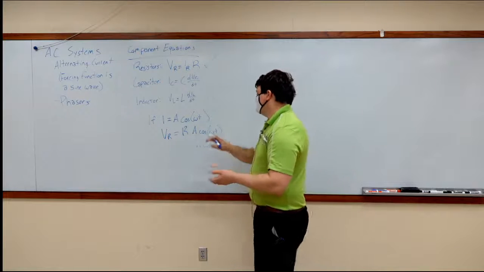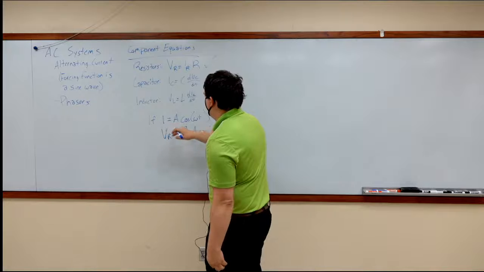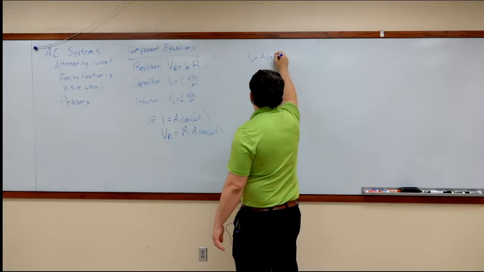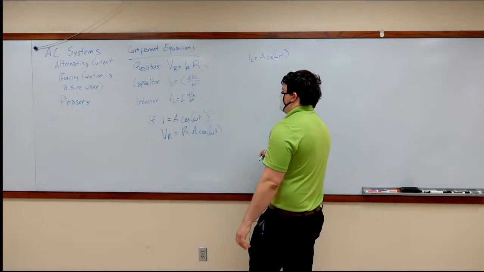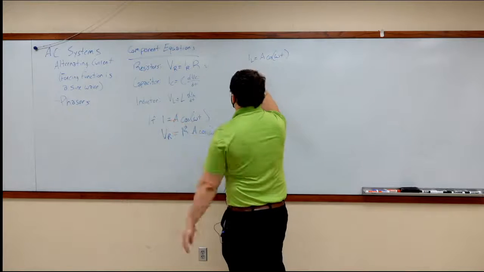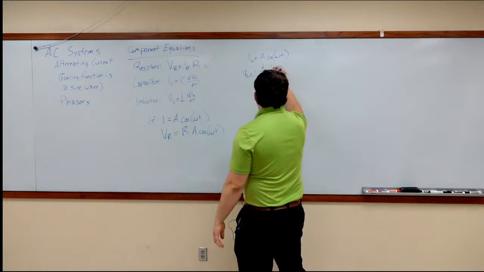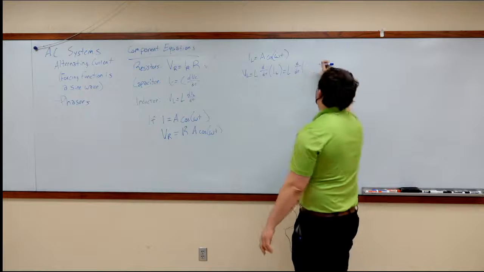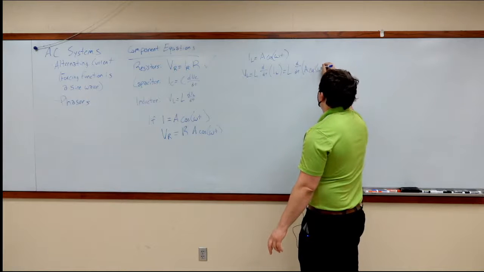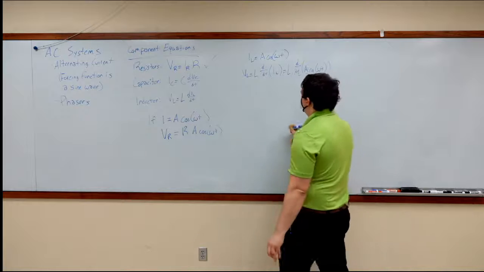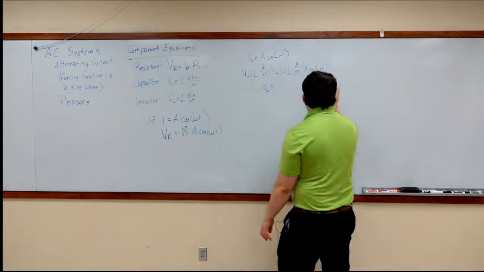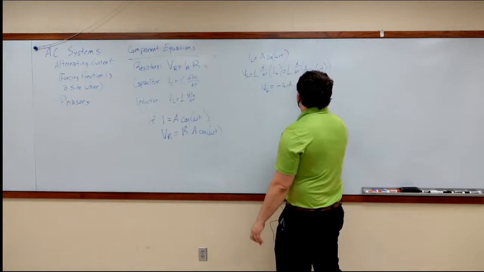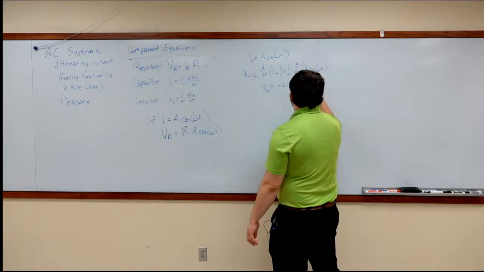So here, if we say that IL is equal to A cosine omega t, then that means that VL is equal to L times the derivative of IL, which is equal to L times the derivative of A cosine omega t, which means that VL is equal to negative omega A sine omega t.